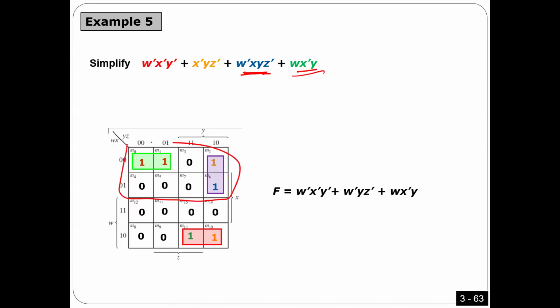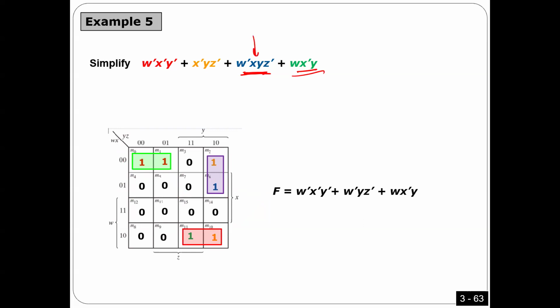W prime is this area here, X is this area, and then Y. The intersection so far is this one with Y. This one is actually what confused me.